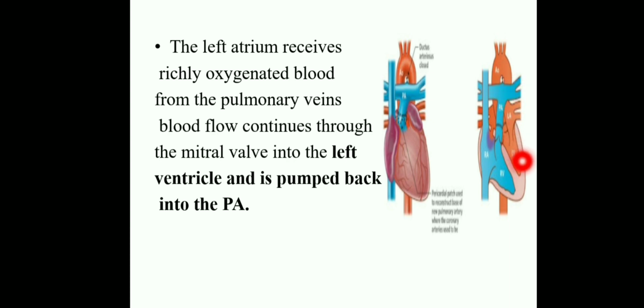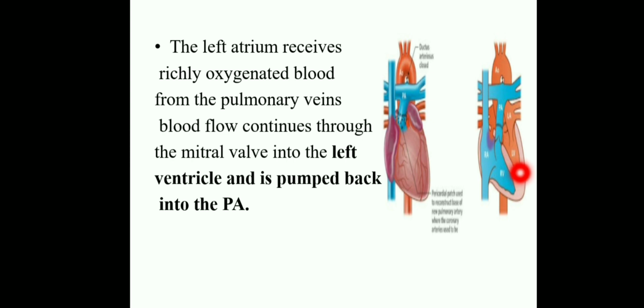Okay. And then what happened on the left side? Actually, in the left atrium, oxygenated blood comes through the pulmonary veins, and when the atrium contracts, that blood moves through the valve and enters the left ventricle. So what happened?